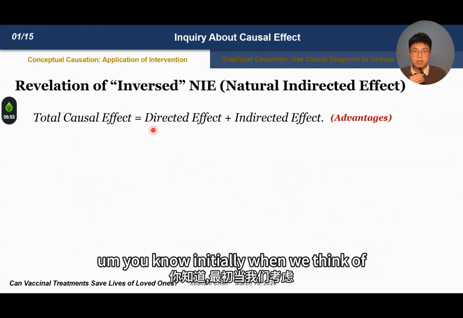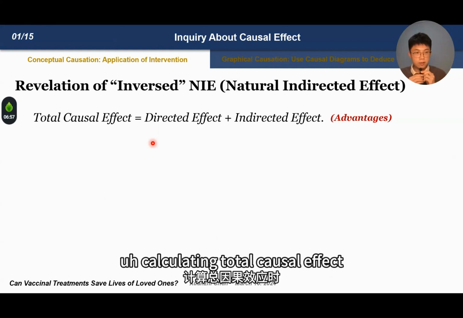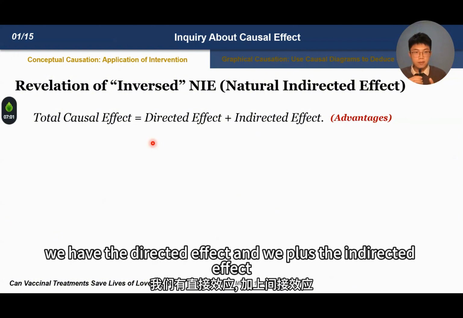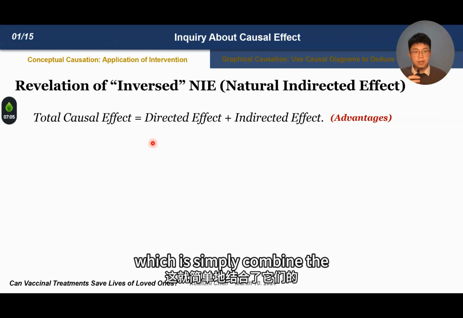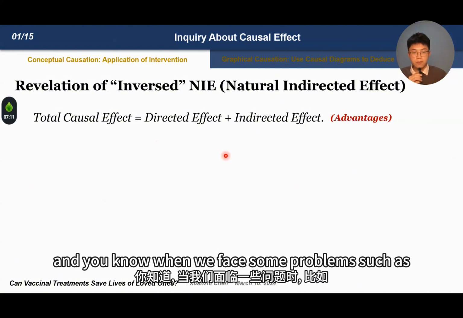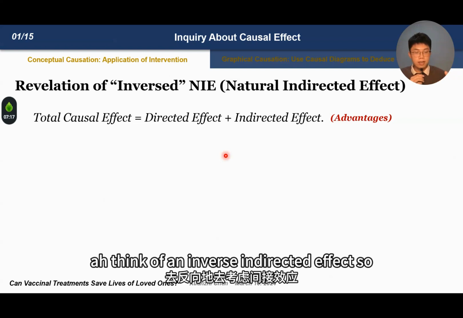Initially when we think of calculating total causative effect, we think of something like we have the direct effect and we plus the indirect effect, which is simply combine the contribution, which is simply combine the advantages. And when we face some problems such as nonlinearity, that motivates us to think of an inverse indirect effect.